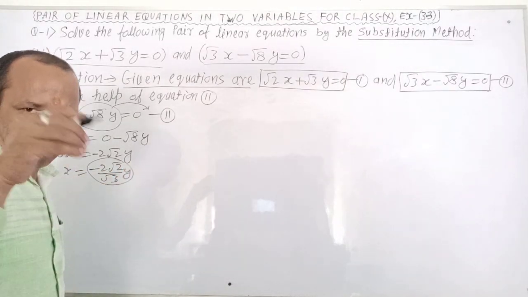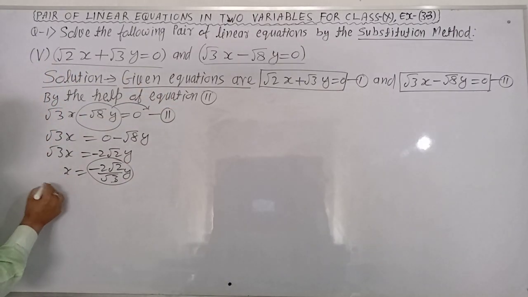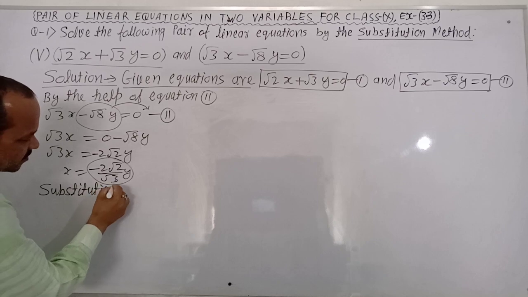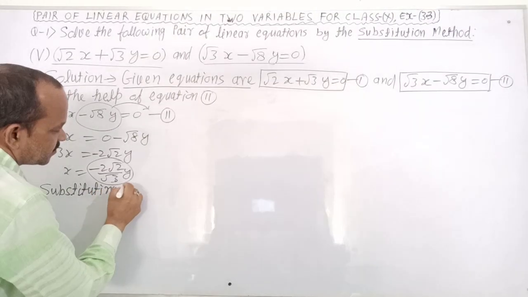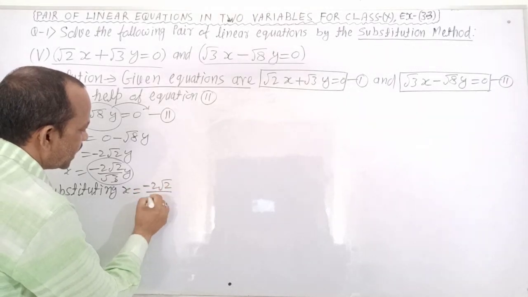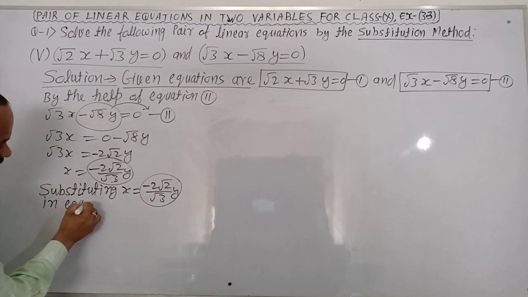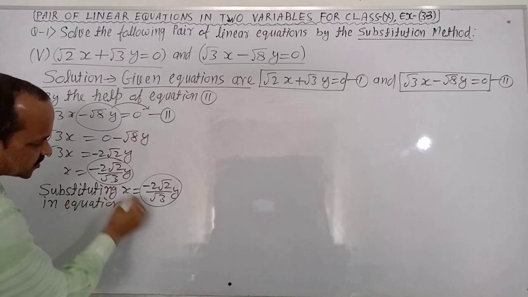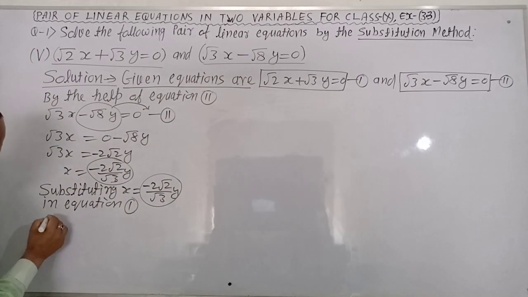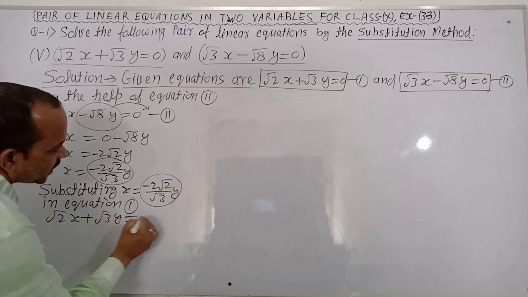Clear? Substituting the value of x in equation first. Substituting x equal to minus 2 root 2 upon root 3 y in equation first. Equation first is root 2x plus root 3y equal to 0.